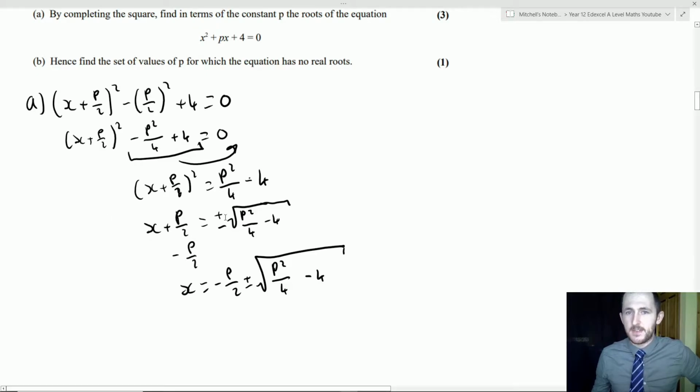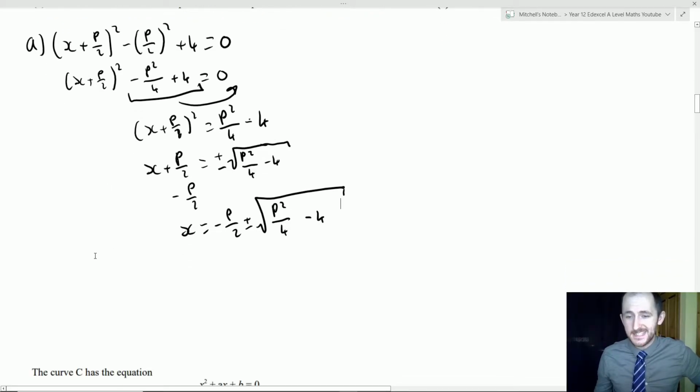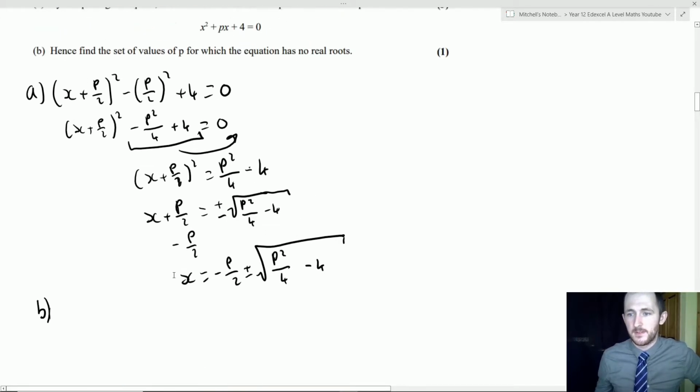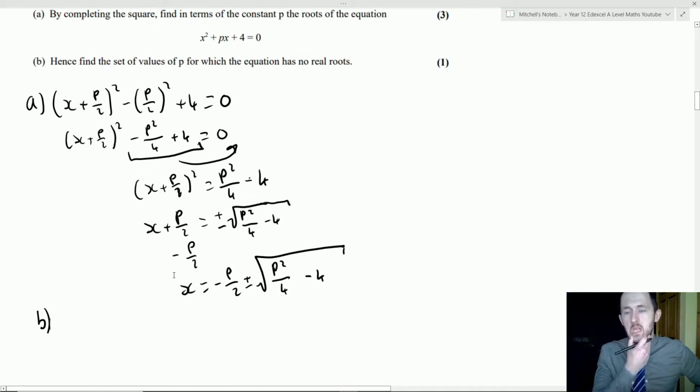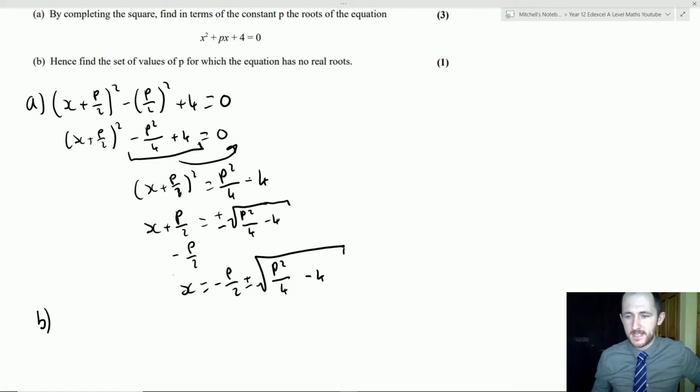Okay. Now this next part kind of ties in to the discriminant. So this has no real roots when this thing here in the square root is less than 0.